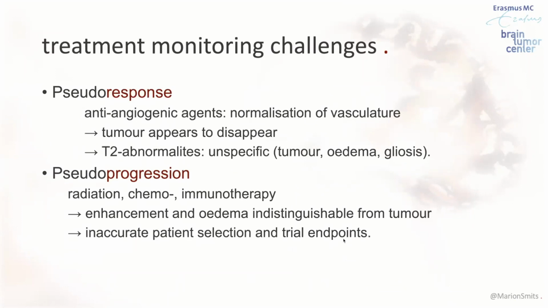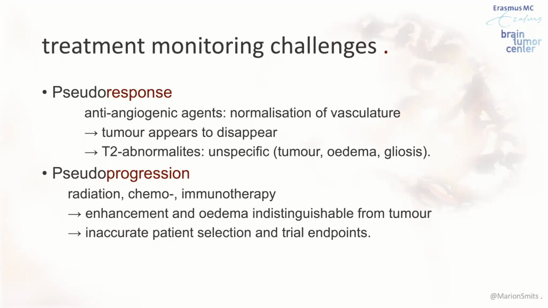And that's not just it. The other problem is the abnormalities that we see, or the effects that we see of treatment that are not related to the tumor activity. And these are two types of challenges. The one is, on the one hand, there's a pseudo response, where it looks like there is a response to the treatment, but in actual fact, all we're seeing is a change in the abnormalities on imaging without an actual anti-tumor effect.